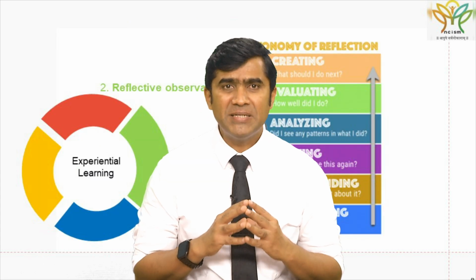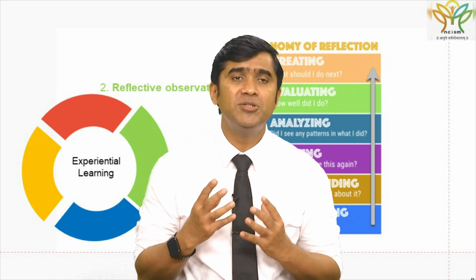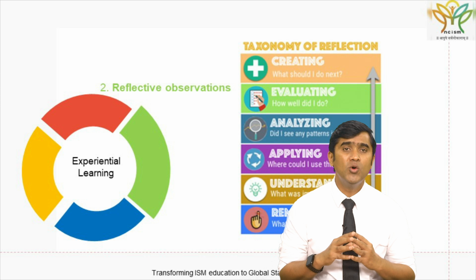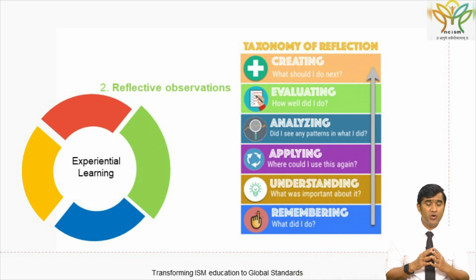There is a specific way in which the reflection process should happen. The student goes through various steps of reflection. For example, what did he do? What was important about what he did? Where could he use this again?